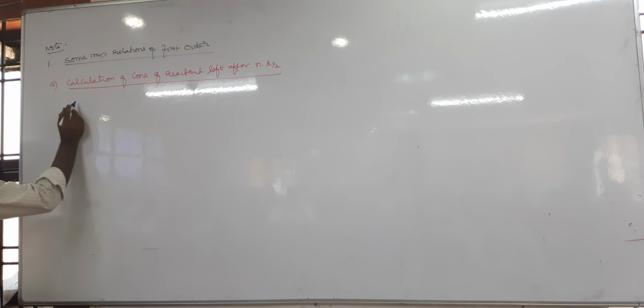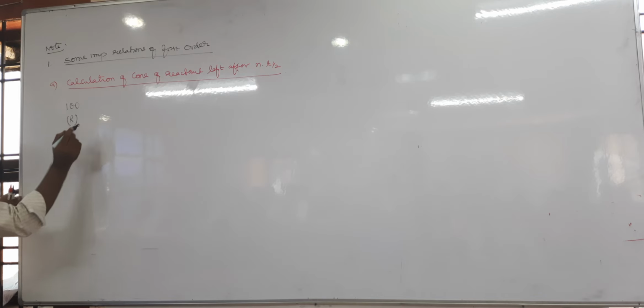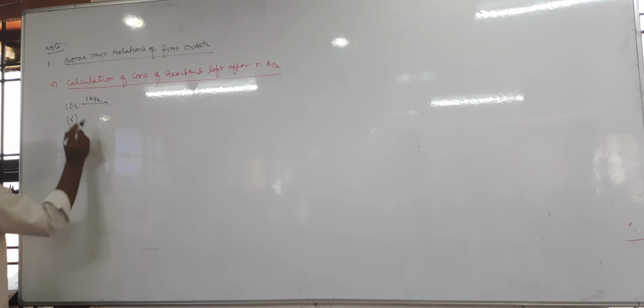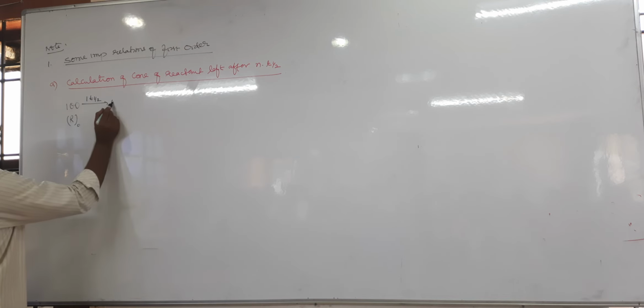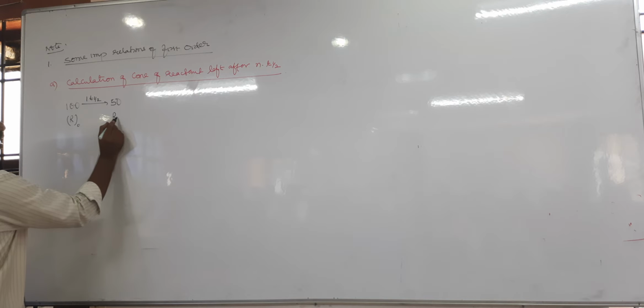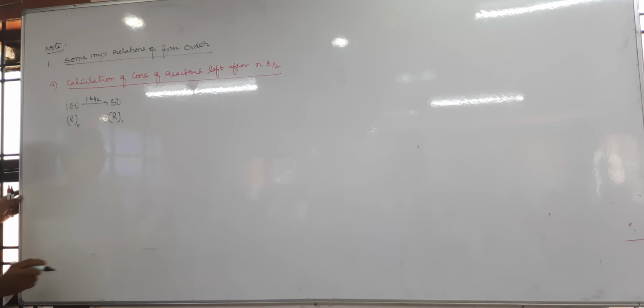Say for example, if I take the initial concentration of reactant as 100, I will take that as R naught. Then after 1 T half, what is left? 50% left now. That is called R1. So R1 is the concentration of reactant left after 1 T half.